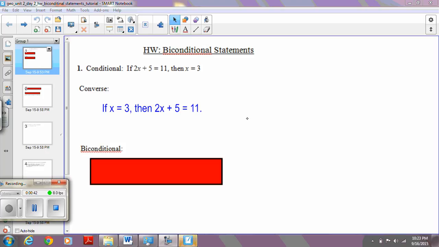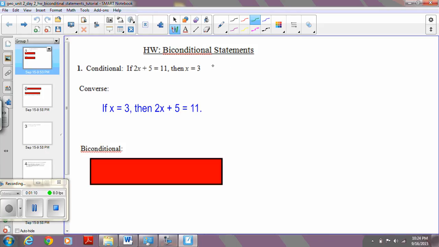Now, before we go any further, let's discuss the validity of each one of these statements. If 2x plus 5 equals 11, then x must be 3. Is that true in every situation, no matter what it is? Yes, it would be true, because 2 times 3 is 6, and 6 plus 5 is 11.